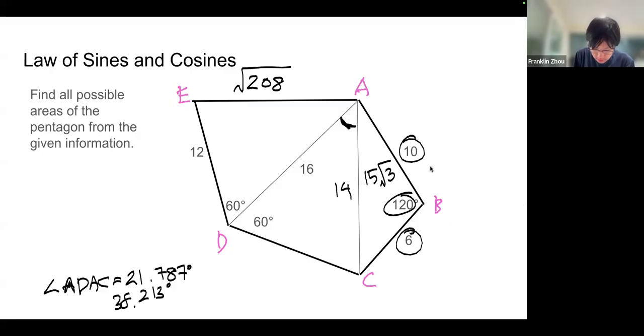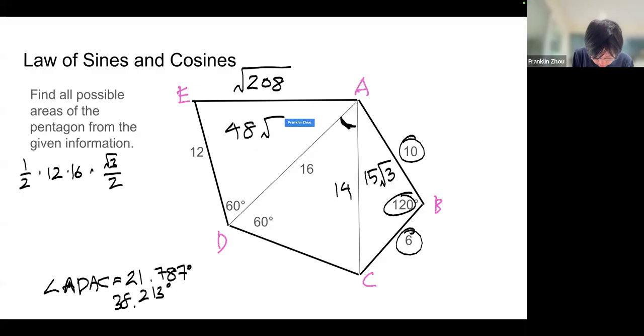Now we can look at triangle ADE, and this area is 1/2 times 12 times 16 times the sine of 60 degrees, which is root 3 over 2. So this area would be 48 root 3. And this last area, we can just plug it in, though this time it would actually require a calculator, and it would be 24 or 40 root 3.